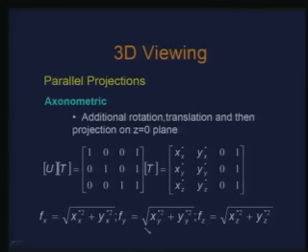Now, once I see that the addition of rotation and translation gives me different foreshortenings, I can characterize these foreshortenings to define different types of axonometric transformation.